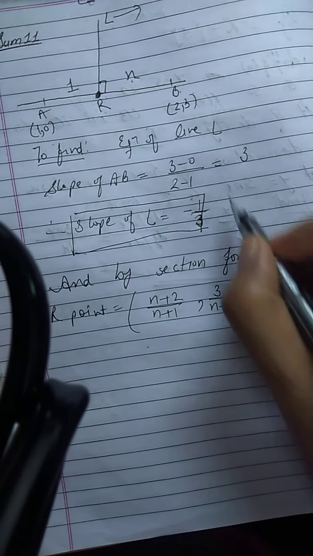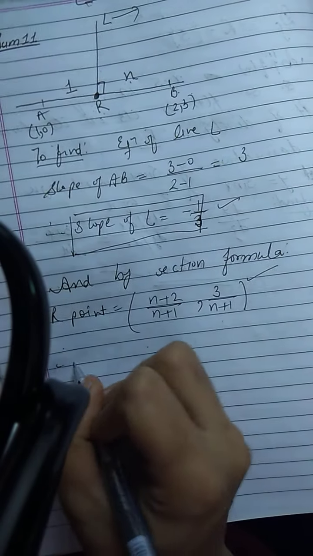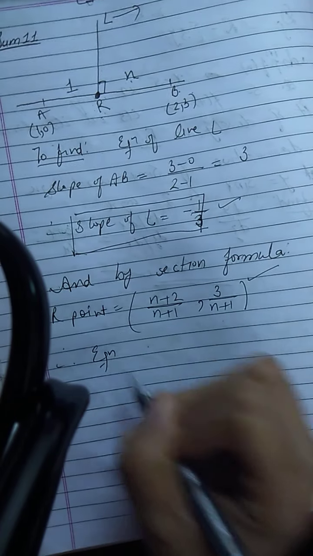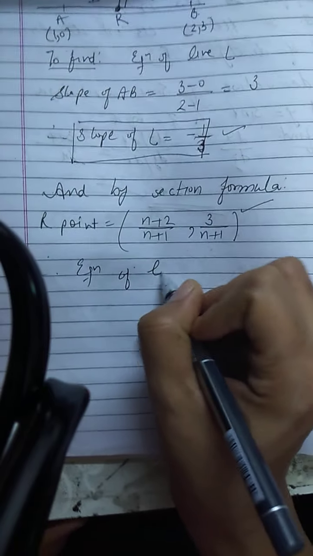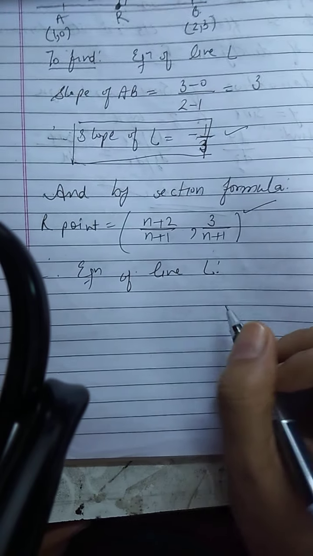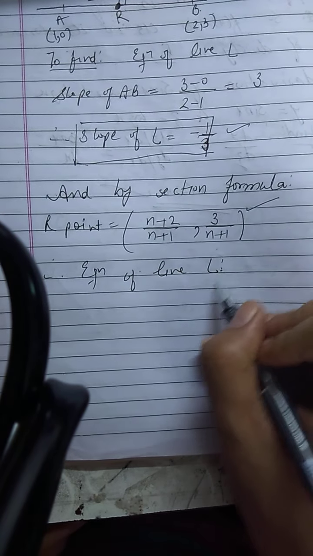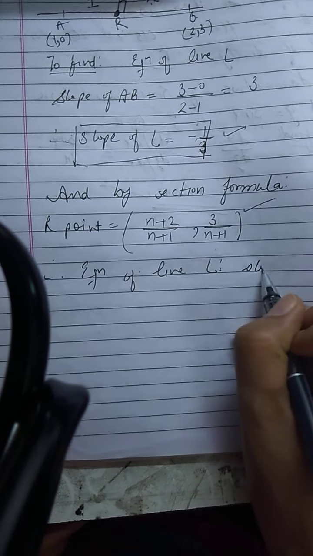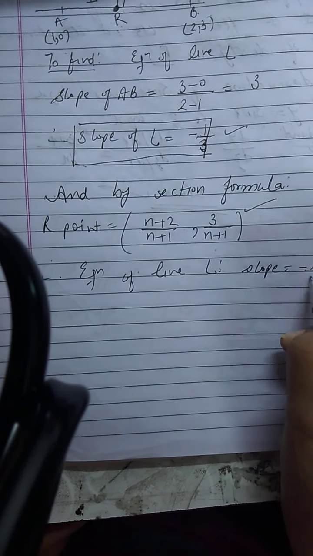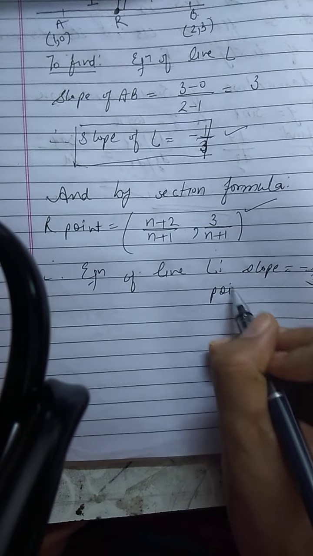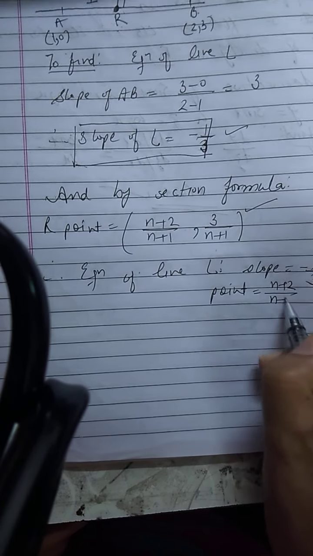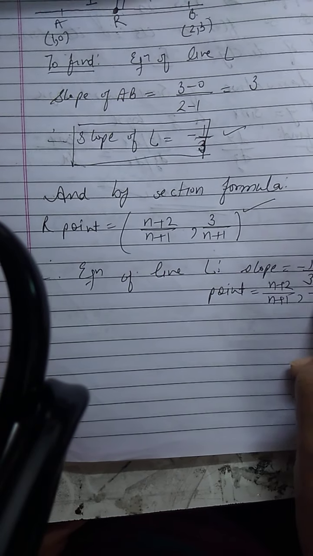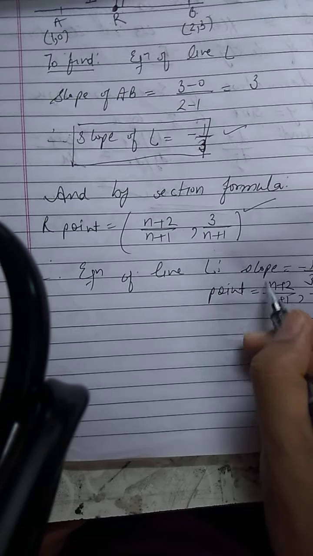Now R is calculated, slope we know, we will write down. Therefore, the equation of line L with slope minus 1 by 3, and the point is also calculated: (n plus 2) upon (n plus 1) and 3 divided by (n plus 1).